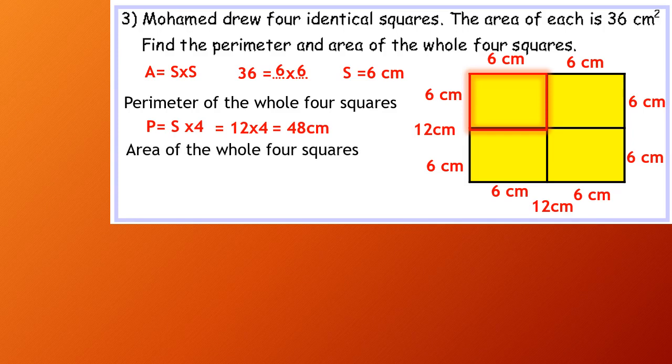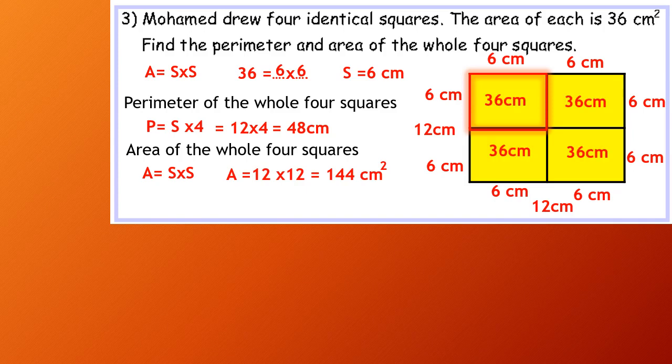And the area of the whole 4 squares equals side by side, 12 by 12 equals 144. Another way to get the whole area: every square equals 36 centimeters square, so we multiply 36 by 4 equals 144 centimeters square.